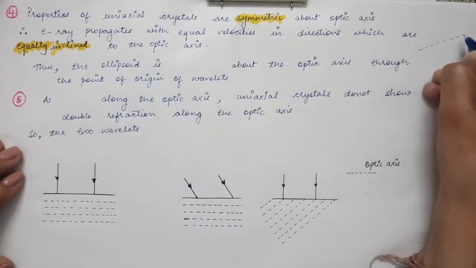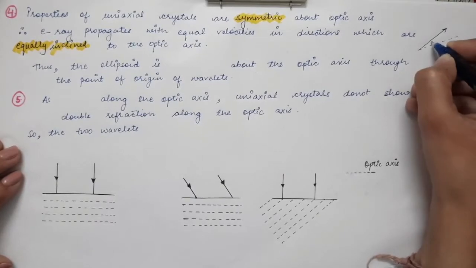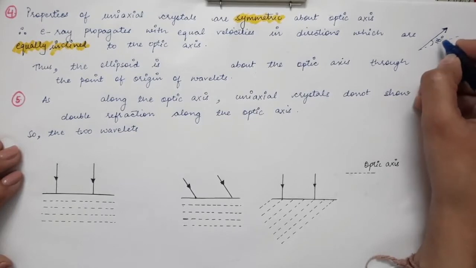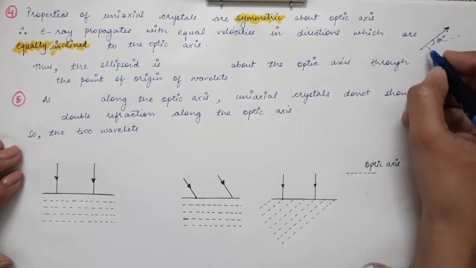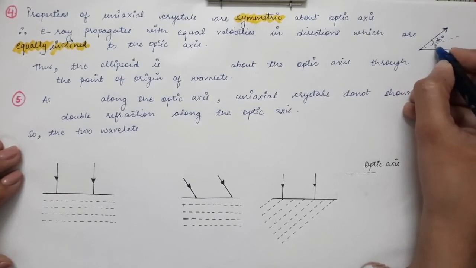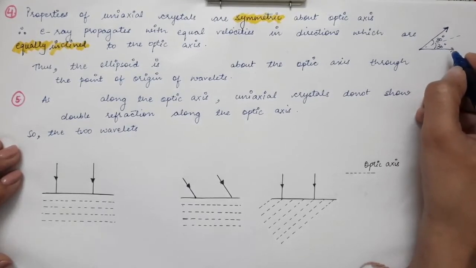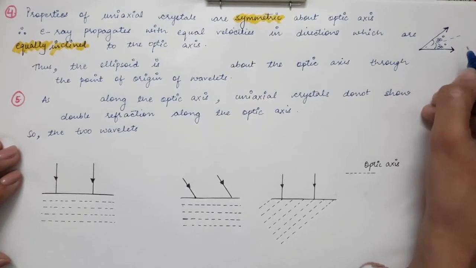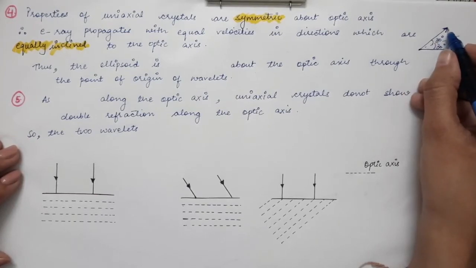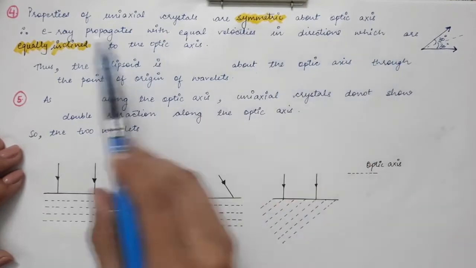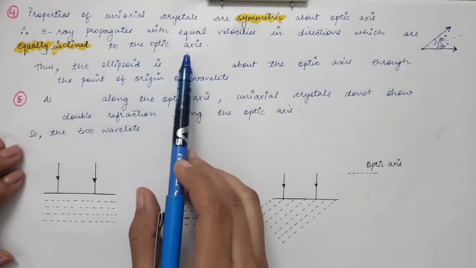So if this is the optic axis, and let's suppose the E-ray is traveling in this direction making an angle of 30 degrees, it moves with a certain velocity. If instead the E-ray was traveling in this direction making the same 30-degree angle with the optic axis, then it will experience the same properties and travel with the same speed as in the first case.